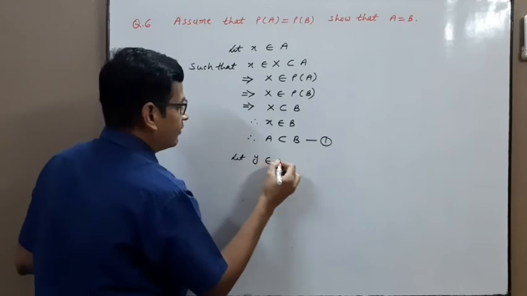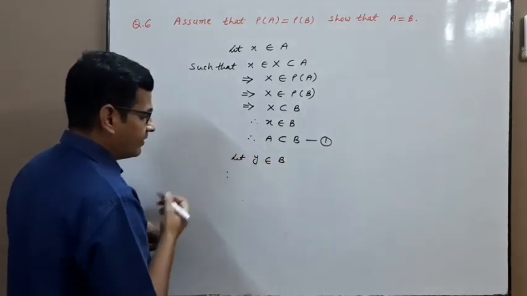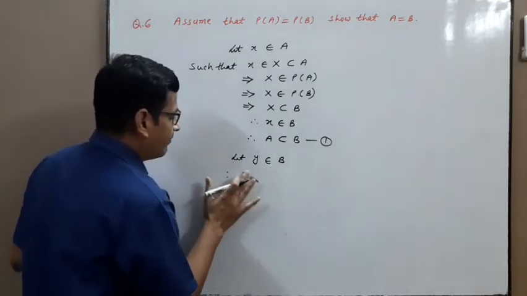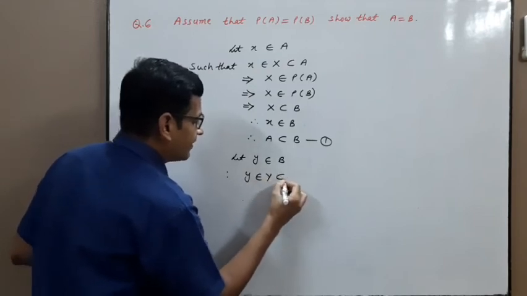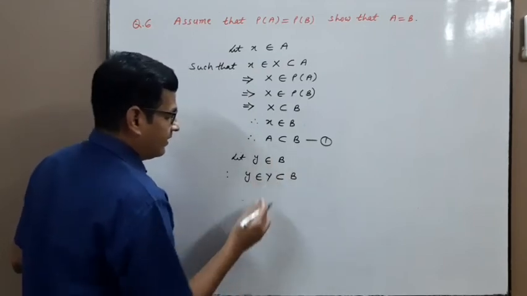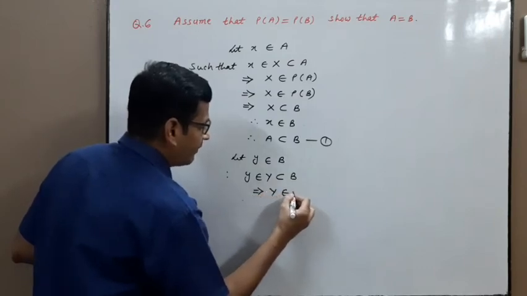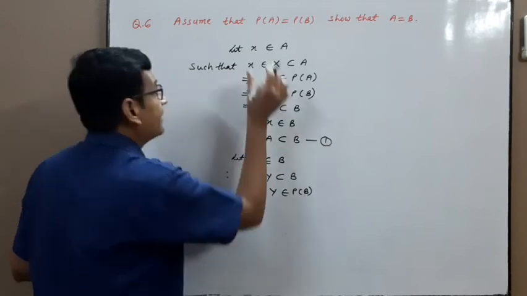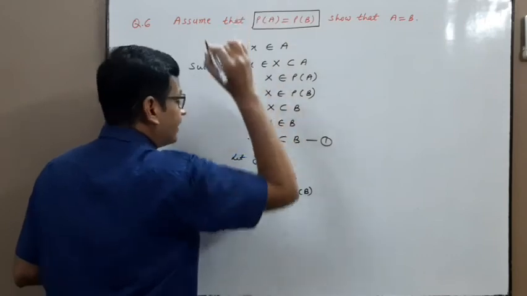Now take another element y. Let y belong to B such that, you can use the symbol for such that, y belongs to capital Y, which is a subset of B. Y is a subset of B. It means Y belongs to power set B. But power set B is equal to power set A. Both are equal.